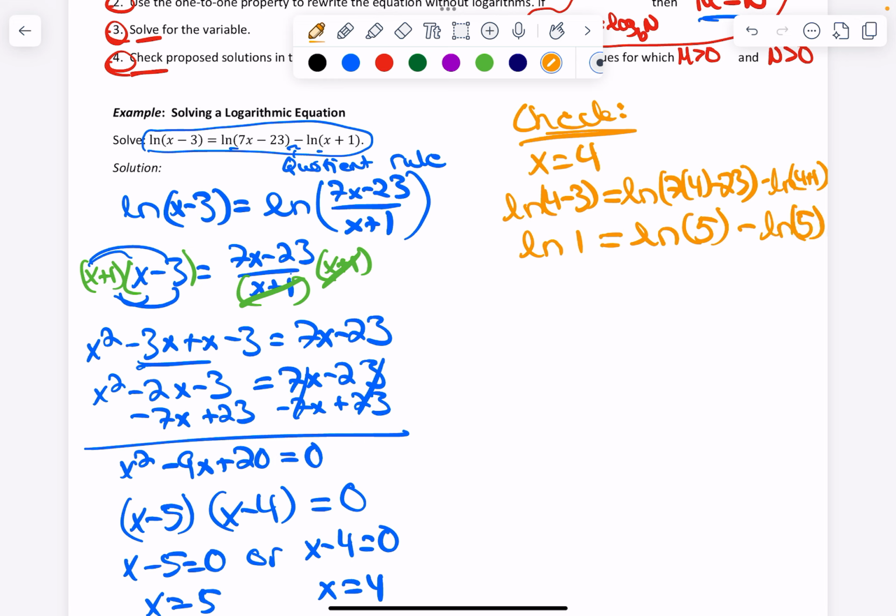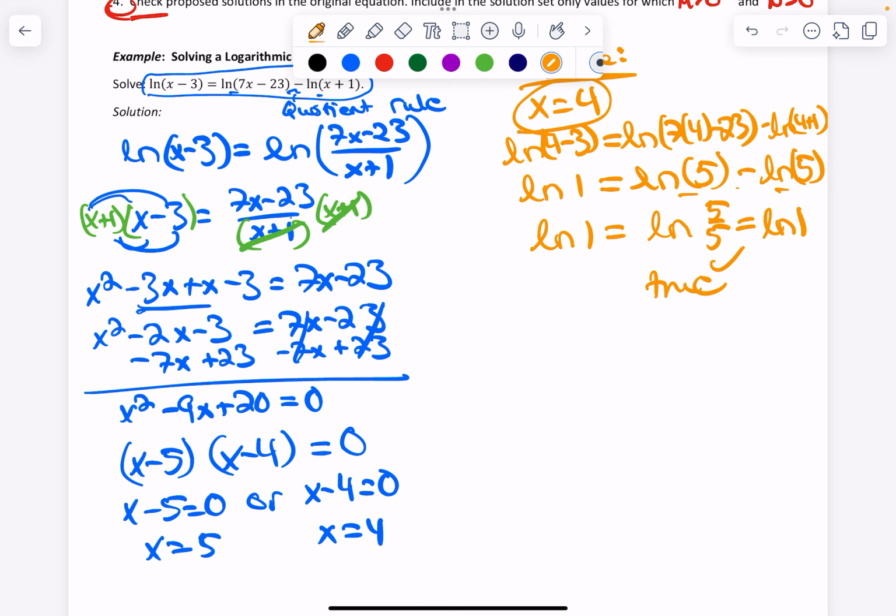Well, look at that. These are the same bases and we have a subtraction, so we can use the quotient rule again. 5 over 5. 5 divided by 5 is a 1, so this is all correct. So this is true. So 4 is an answer.